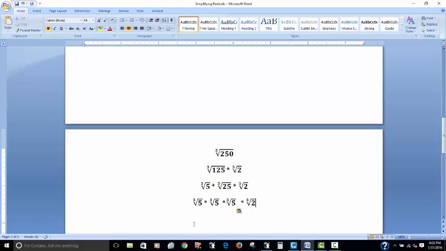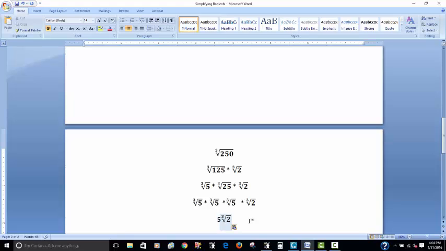So now prime numbers are all across here. The cube root of 5 times the cube root of 5 times the cube root of 5 times the cube root of 2. Now, since I have 3 of the 5s all the same, well then, the cube root of 5 times the cube root of 5 times the cube root of 5 is just 5. And then, since cube root of 2 can't be simplified any further, 5 cube root of 2. That's what it breaks down to, prime factorization, 5 cube root of 2.